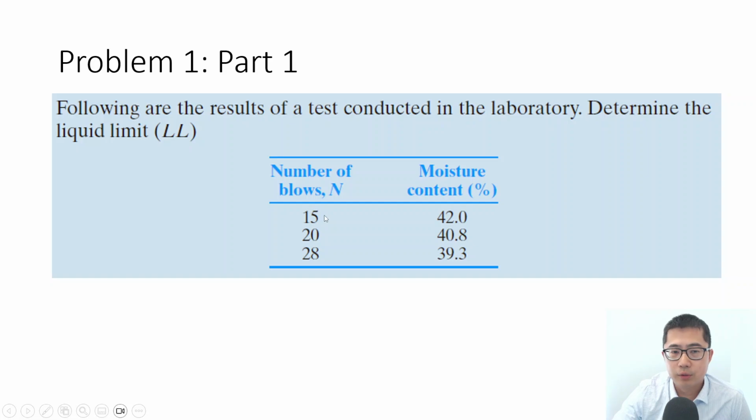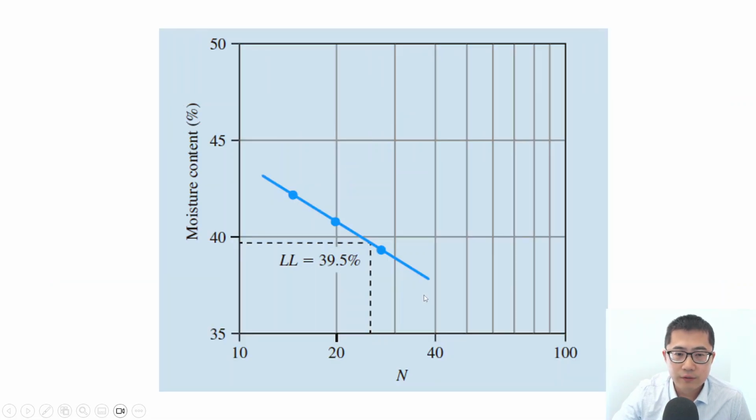You're going to have the number of blows. I shouldn't have said blow counts. Blow counts is specific to SPT testing, but you're going to have the number of blows on the left: 15, 20, 28, and you have the corresponding moisture content: 42%, 40.8%, and 39.3%. So you should be able to construct a curve like this, with your moisture content on the y-axis and your blows on the x-axis.